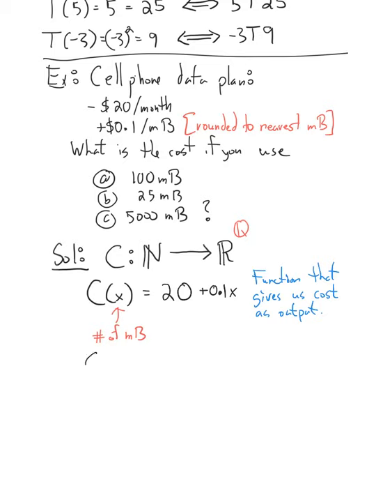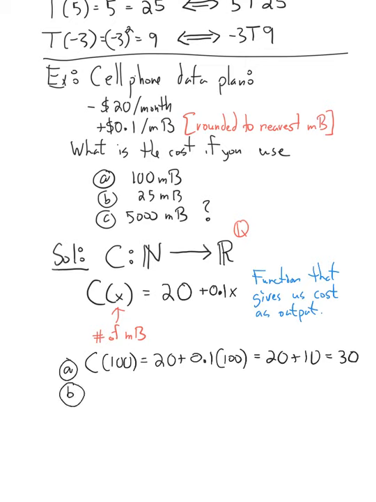First, A asks us, what if it was 100 megabytes? So C of 100 is going to be 20 plus 0.1 times 100, which is 20 plus, and you can check, 0.1 times 100 is 10, which is 30. So in the first example, your phone bill is $30.